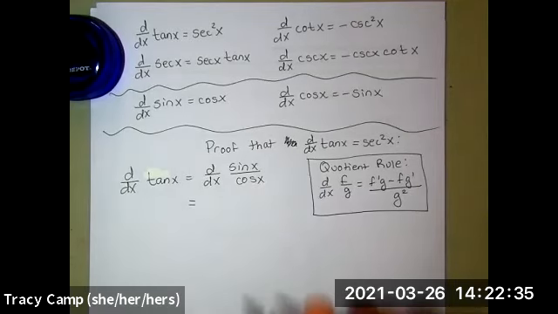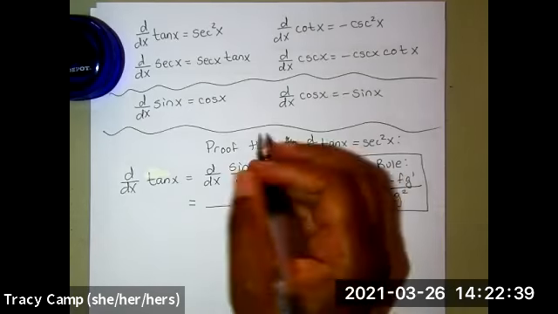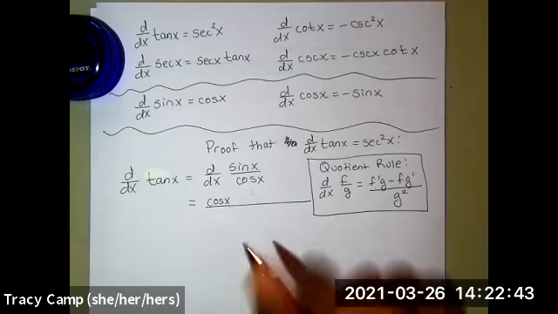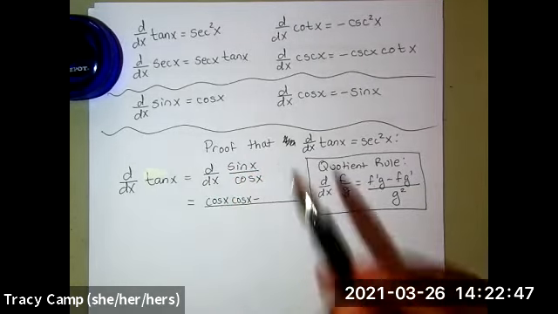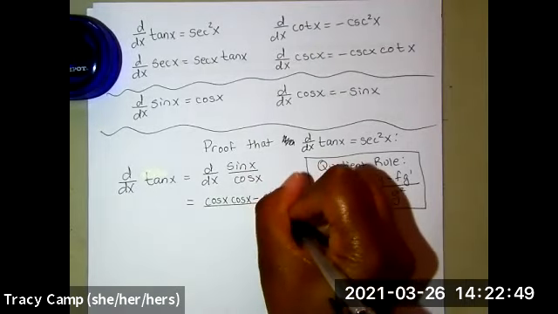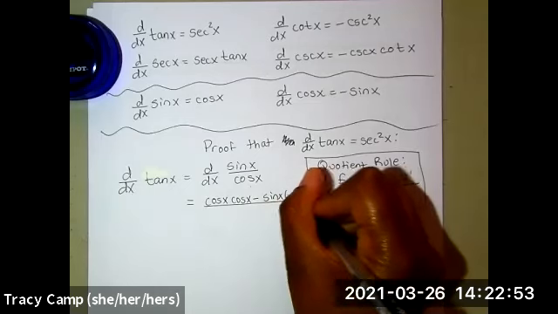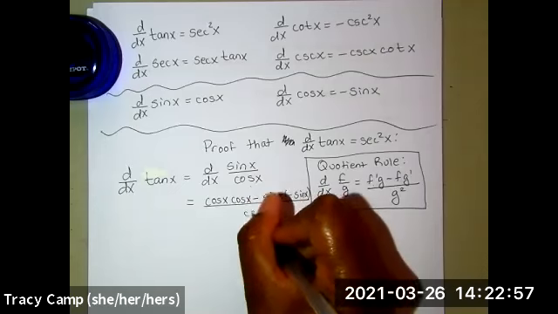So I'm going to use the quotient rule here. Derivative of my numerator, which is derivative of sine is cosine, times my denominator, minus my numerator times the derivative of my denominator, which is negative sine. And then that's over my denominator squared.